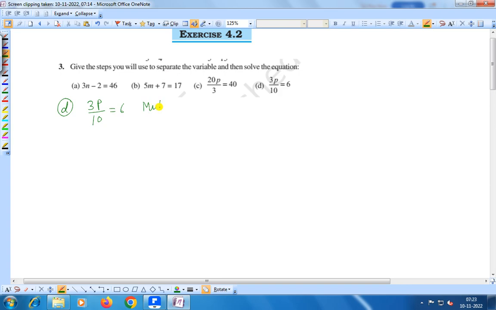Multiplying both sides by 10, we get 3p by 10 into 10 is equal to 6 into 10. This 10 cancels. Therefore, 3p is equal to 60.